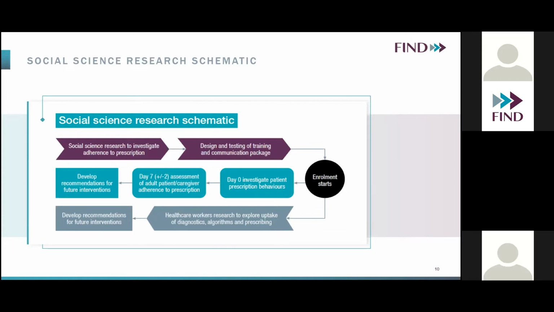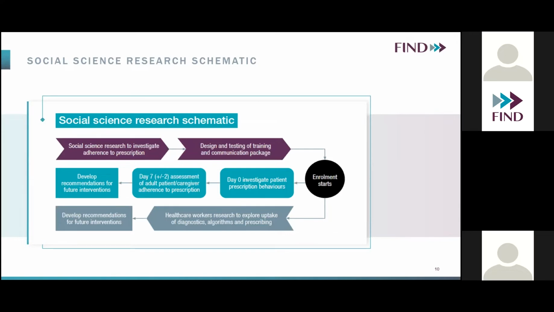This was during the clinical trial phase, and this was done at day 0, which is the enrollment day. And then after a period of 7 or plus or minus 2 days, we would assess these patients to see who had better outcomes and who had better adherence to prescription.